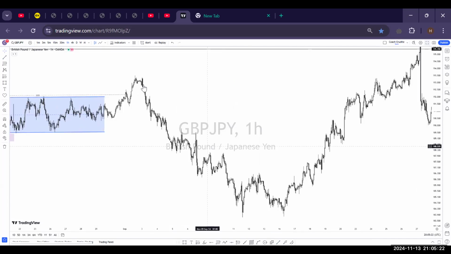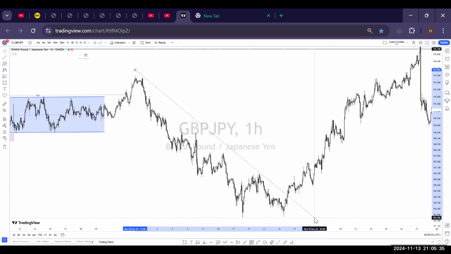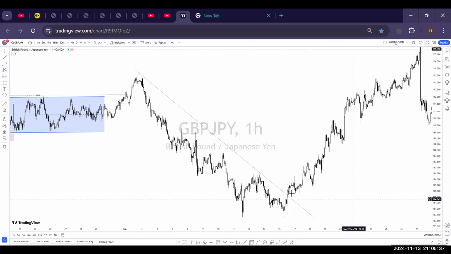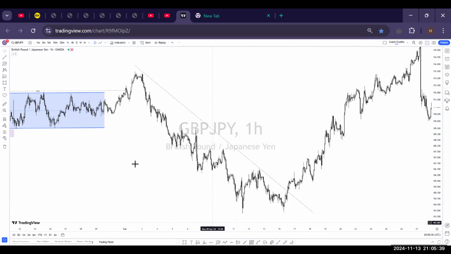So now we look at this particular area. Price is on a downward direction, right? I'm going to use my trend line as a guide. You may see that price has been respecting the trend line. So now here we have the low, then we have the high.